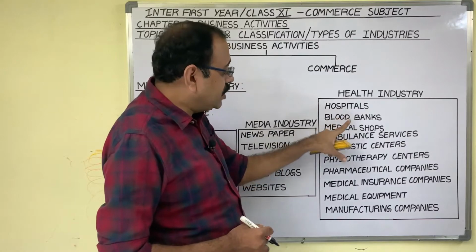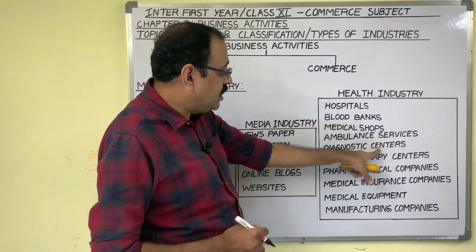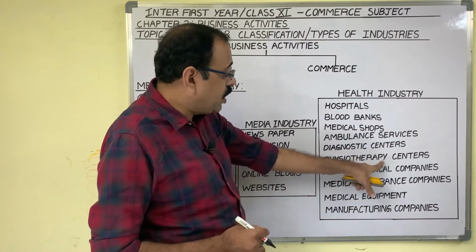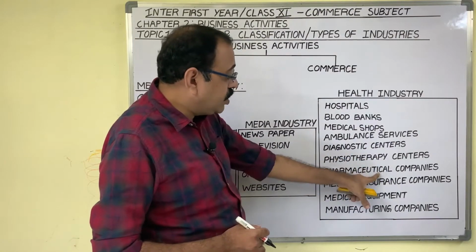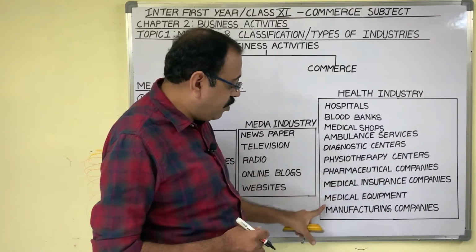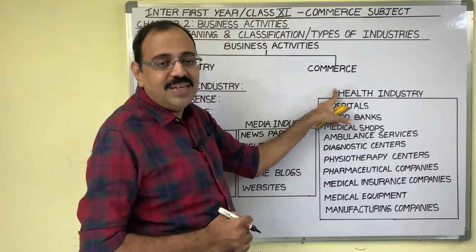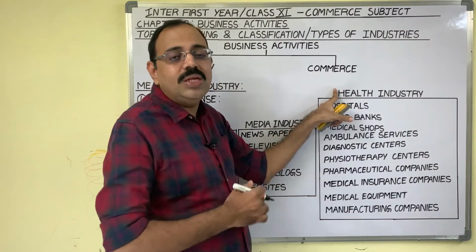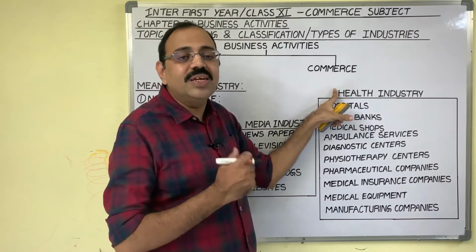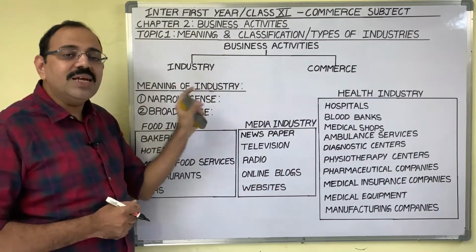Hospitals, blood banks, medical shops, ambulance services, diagnostic centers, physiotherapy centers, pharmaceutical companies, medical insurance companies, medical equipment manufacturing companies come under health industry. People who run and control these industries are known as industrialists. So with this, meaning of industry is completed.